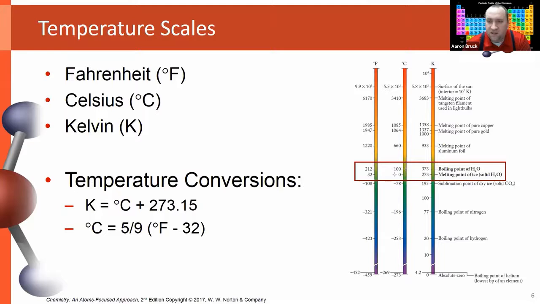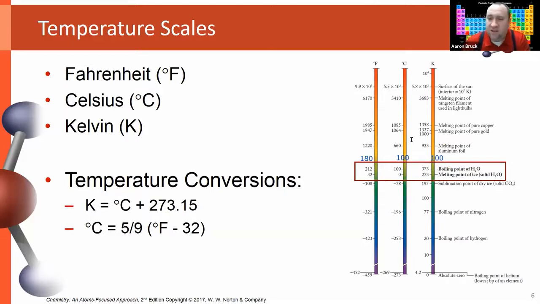On the Celsius scale, they are 100 degrees apart. On the Fahrenheit scale, they are 180 degrees apart. So I've got a difference of 180 on the Fahrenheit scale, 100 on the Celsius scale, and 100 on the Kelvin scale.